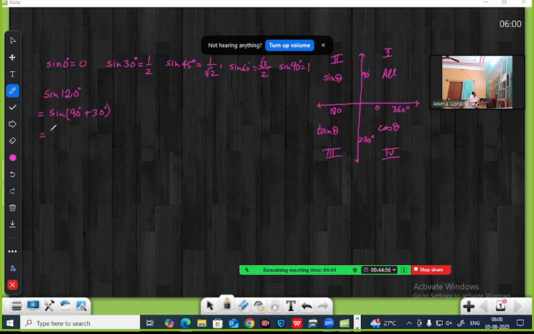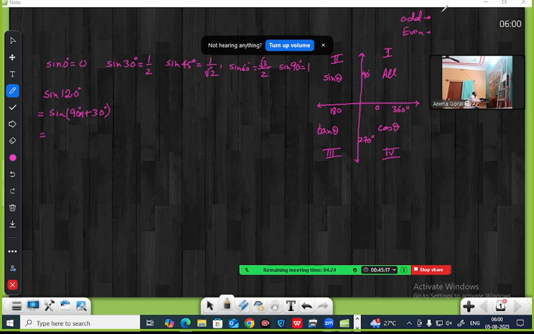Now here you see sin 90 plus 30 is in the second quadrant, and 90 is 90 into 1, and 1 is an odd number. We have to find which one is odd and even.